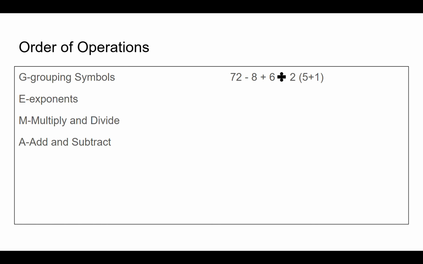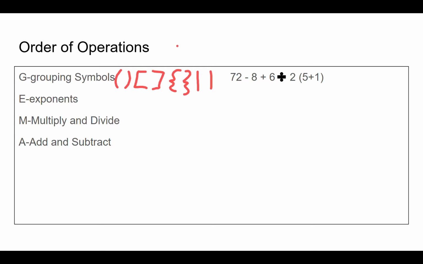Grouping symbols involve parentheses, like here. Or what we call brackets, or braces, or absolute value.